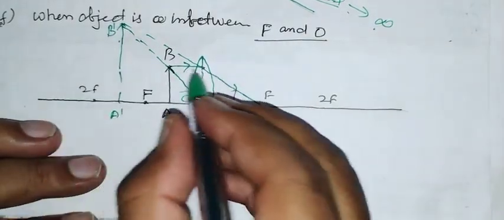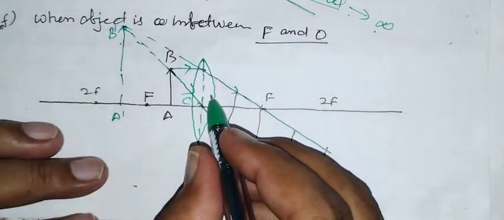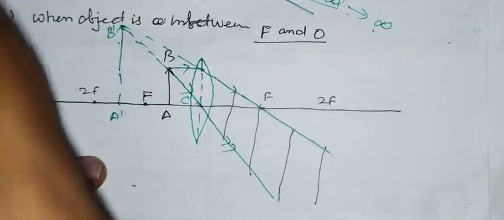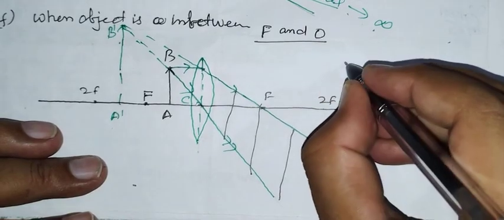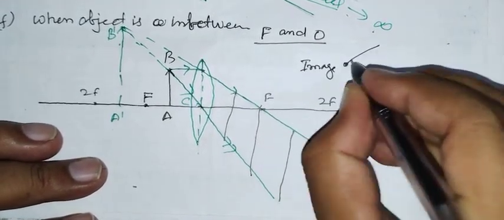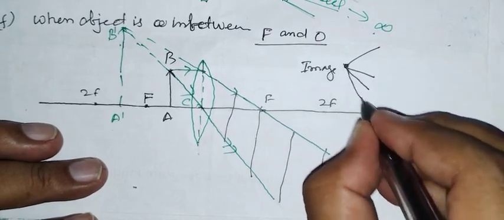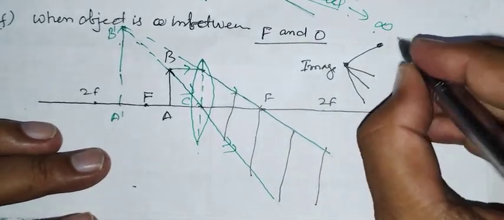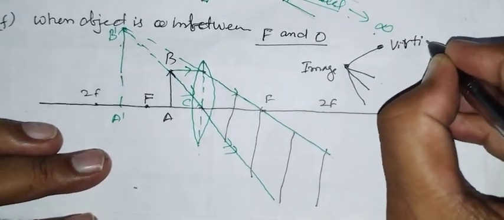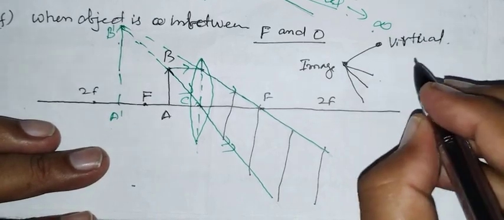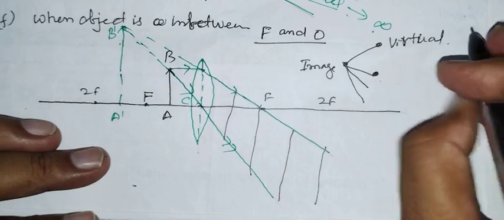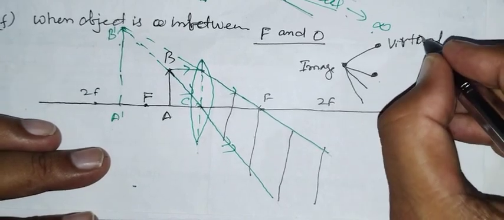Here the image is formed on the side of the object, it means on the left hand side, and an erect image is formed. So see the four characteristics of the image. The first, it is virtual. A virtual image cannot be obtained on the screen, whereas a real image can be obtained on the screen.